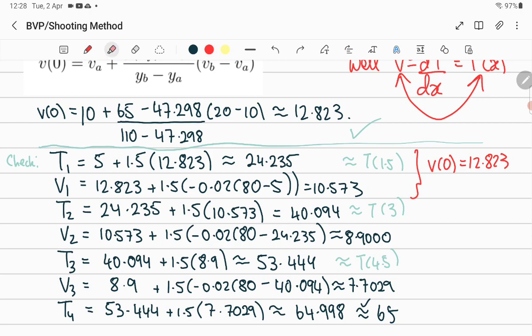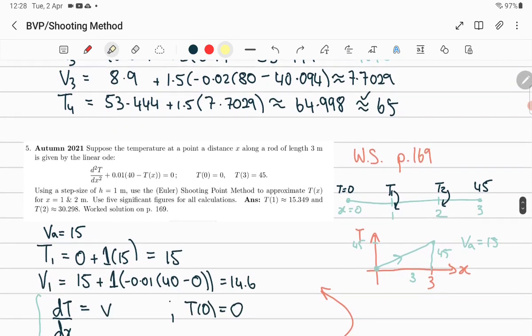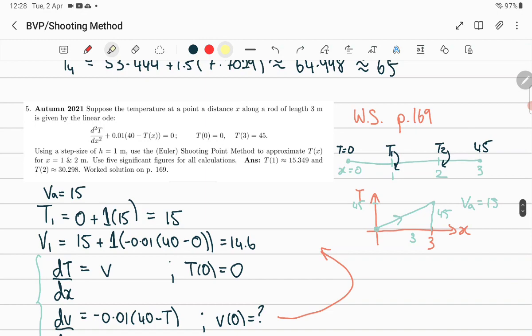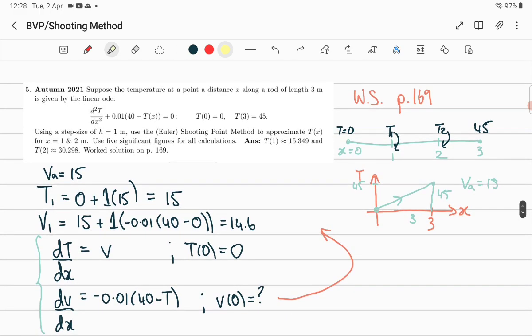Okay. Right, another question, quite similar. I guess the difference is there were fewer points on the rod because the rod had a length of 3. And with a step size of 1, there was only 2 internal points, which made this a bit friendlier. So again, you write it as 2 first order differential equations, which I didn't quite do carefully.